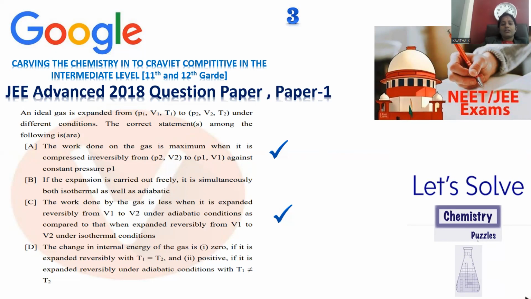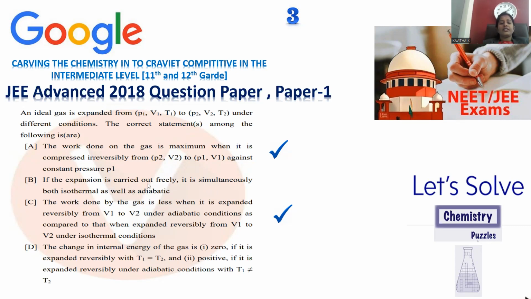Because being an irreversible process, it always converts reactant into product. P1 turns into a P2 value, and whenever you apply pressure externally, whatever work you do becomes larger. If the expansion is carried out freely, it is simultaneously both isothermal as well as adiabatic.